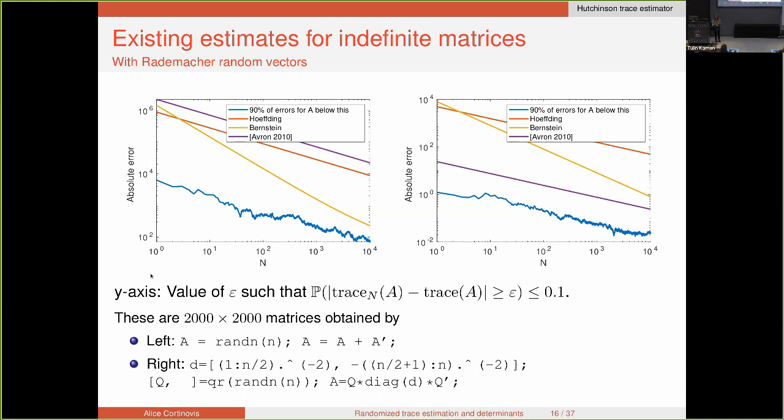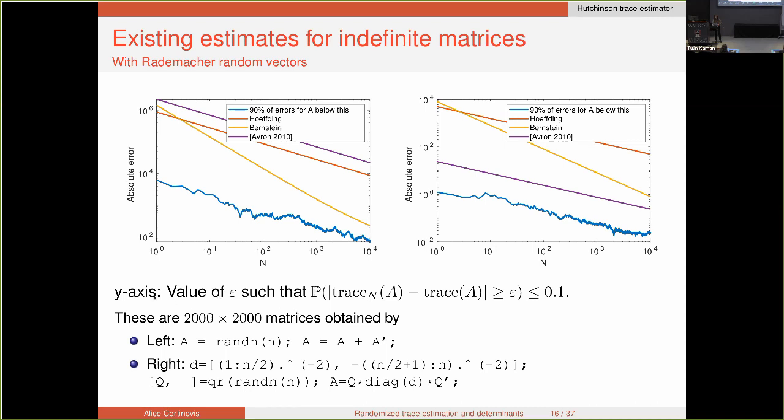Here I'm considering two matrices. The matrix on the left is basically a random matrix, full rank, with no eigenvalue decay, more or less. And the matrix on the right has some algebraic eigenvalue decay, just to take two different matrices.